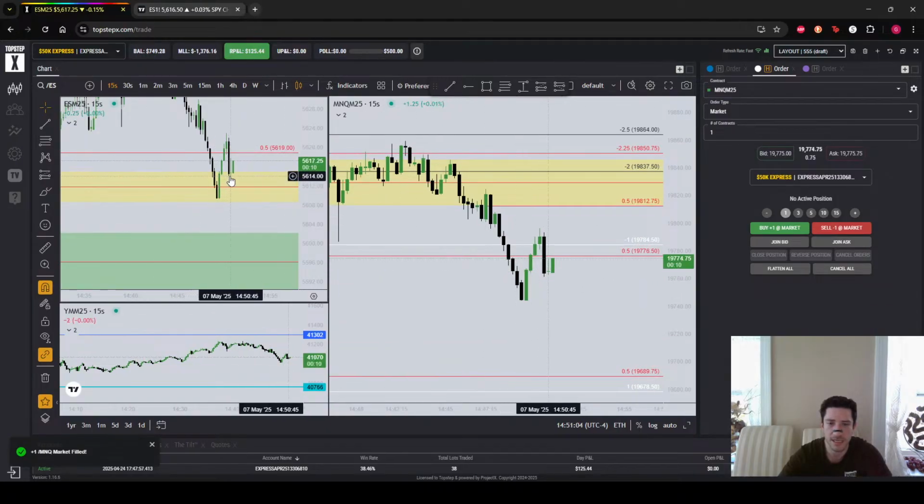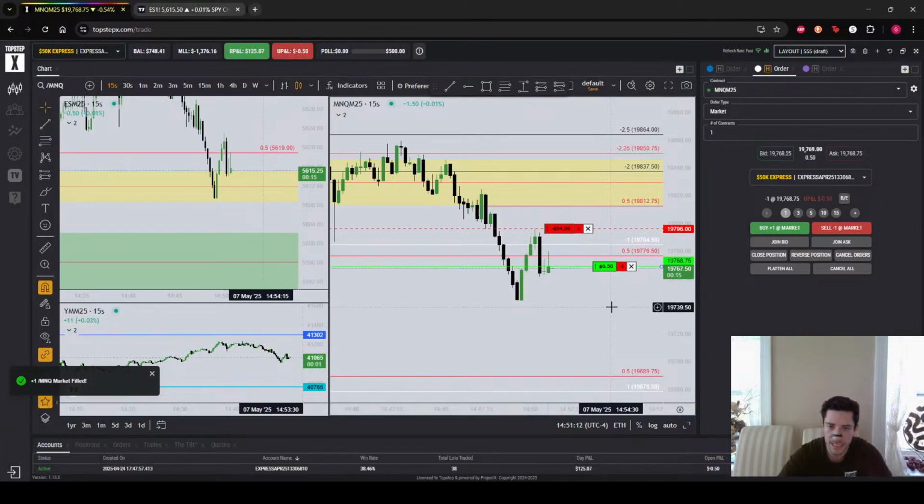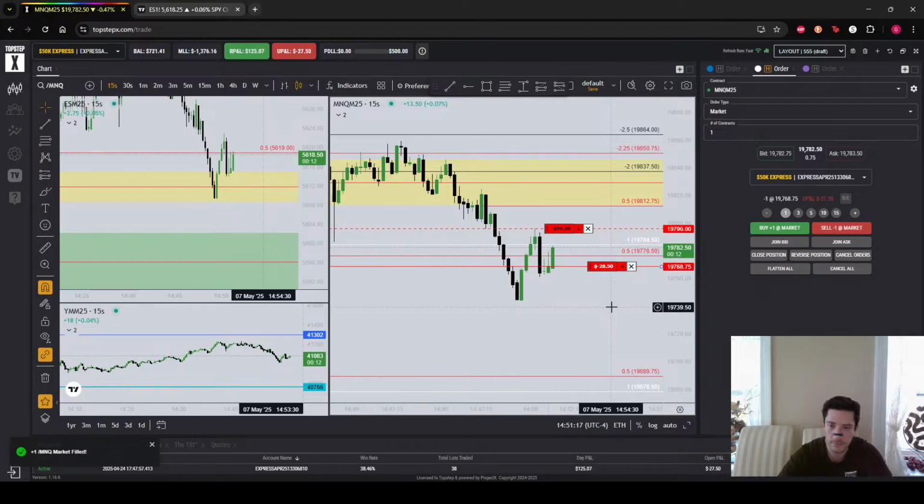ES is just at the top of the new day opening gap, so I'm giving it a chance. I'll try one there. Leave the stop above that high. It's a quick giveaway of 50 bucks.